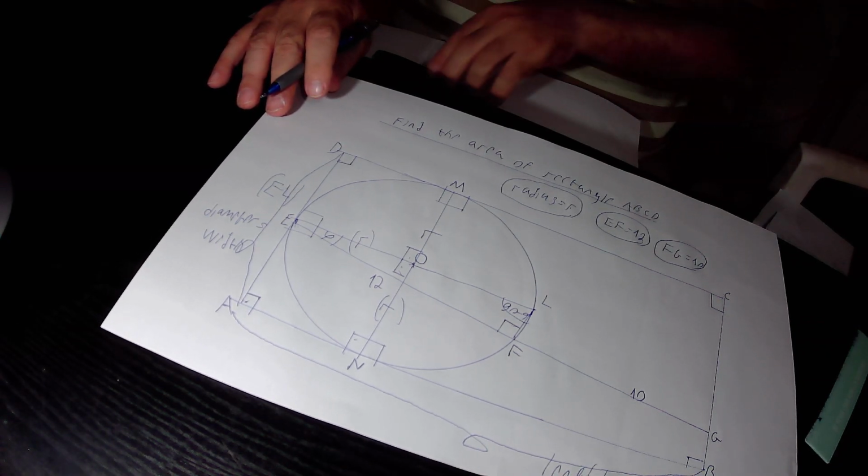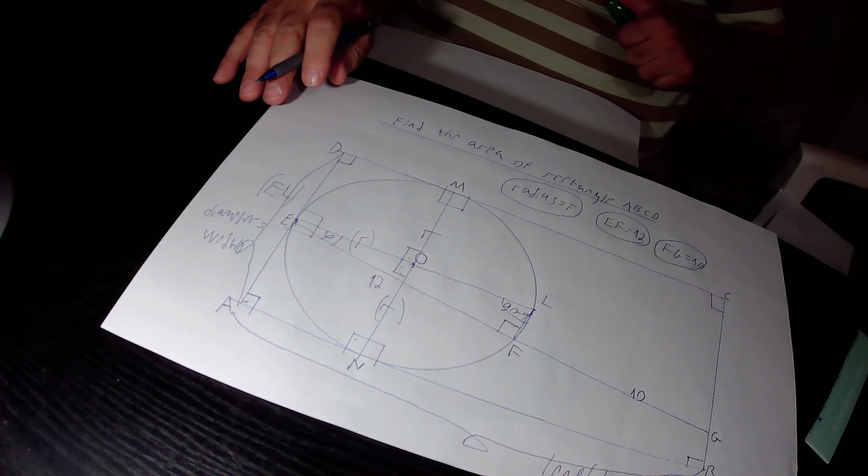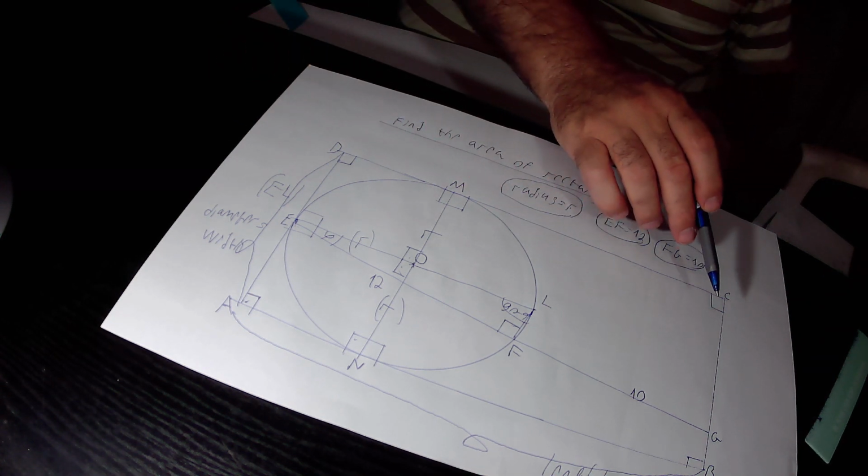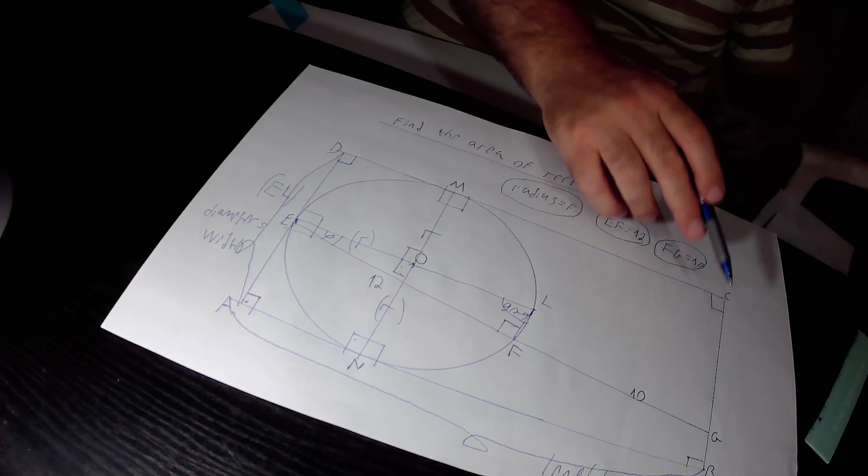In the next step, we will do a construction. That is to say, we will extend the radius EL by a straight line until it touches side CB of this rectangle ABCD.